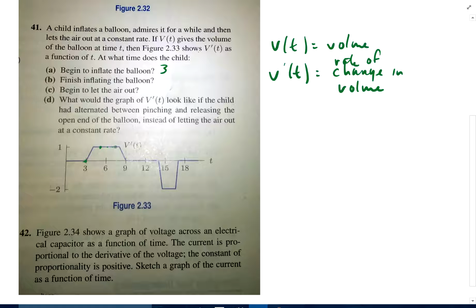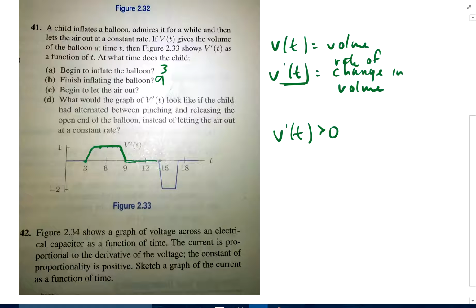So V prime is positive all the way up to 9. So at 9, you're no longer increasing the volume in the balloon. From 3 to 9, V prime of t is positive, which means the volume is growing. Now at 9, no more air goes in the balloon. Volume stays the same. There's no change in volume. So he finishes inflating the balloon at 9.